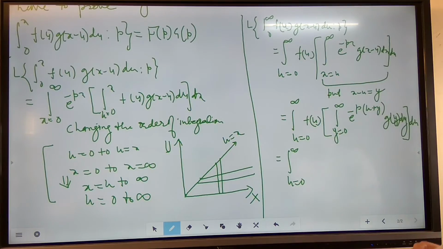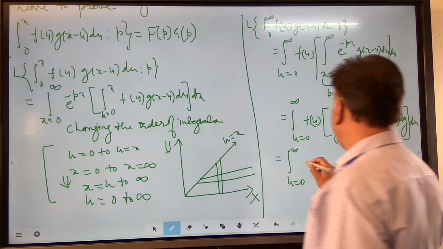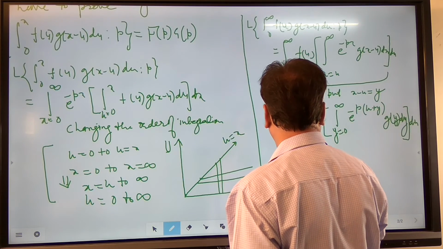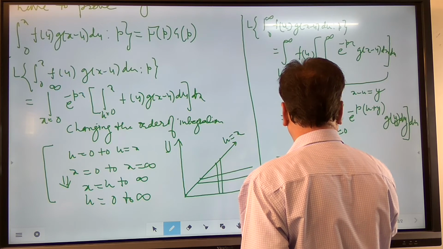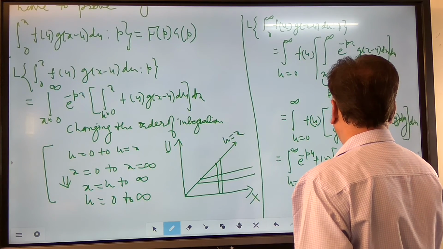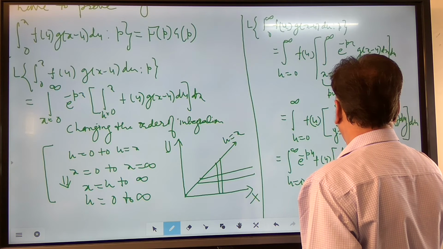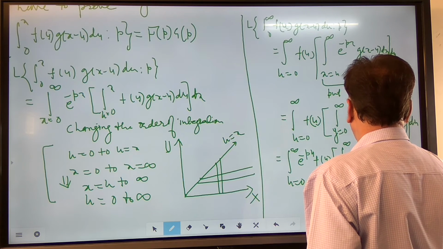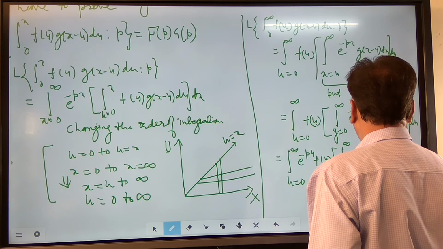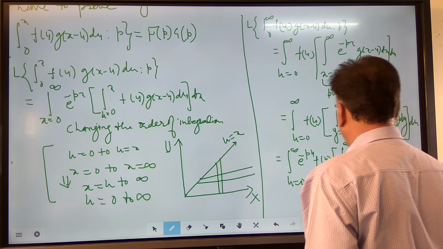So calculating this integral, u equals 0 to infinity, by taking e raised to minus pu outside the integral, which is independent of y, we get e raised to minus pu f of u, and inside the integral y equals 0 to infinity e raised to minus py g of y dy, into du.